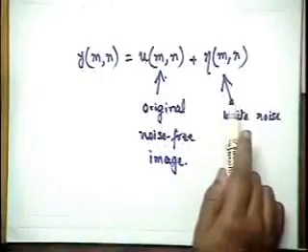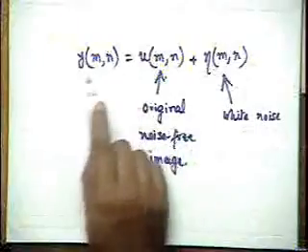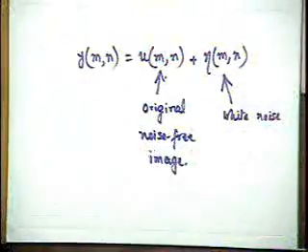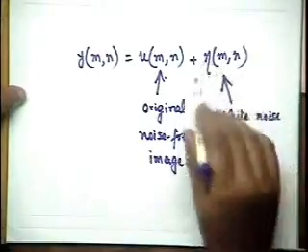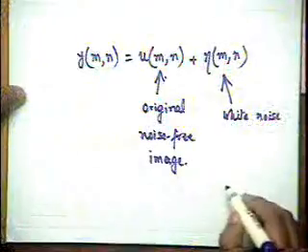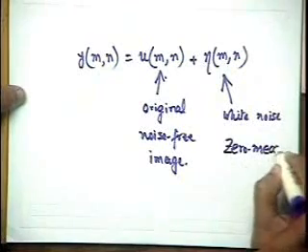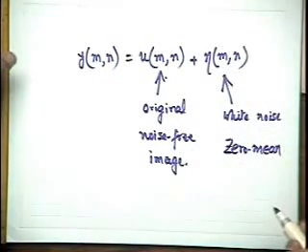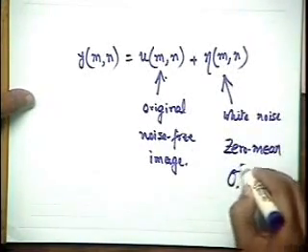Assume that this white noise which I have introduced has zero mean, and its variance you consider to be sigma square eta. Sigma square eta is the variance of this noise.